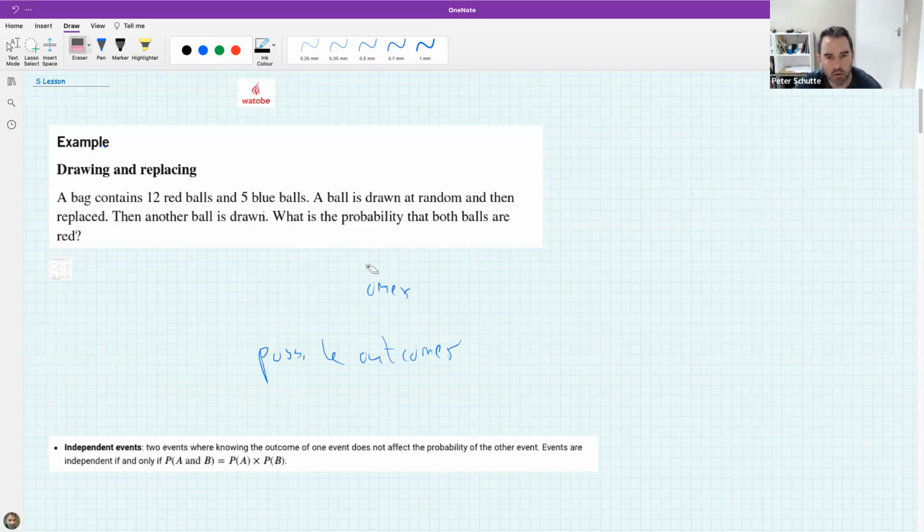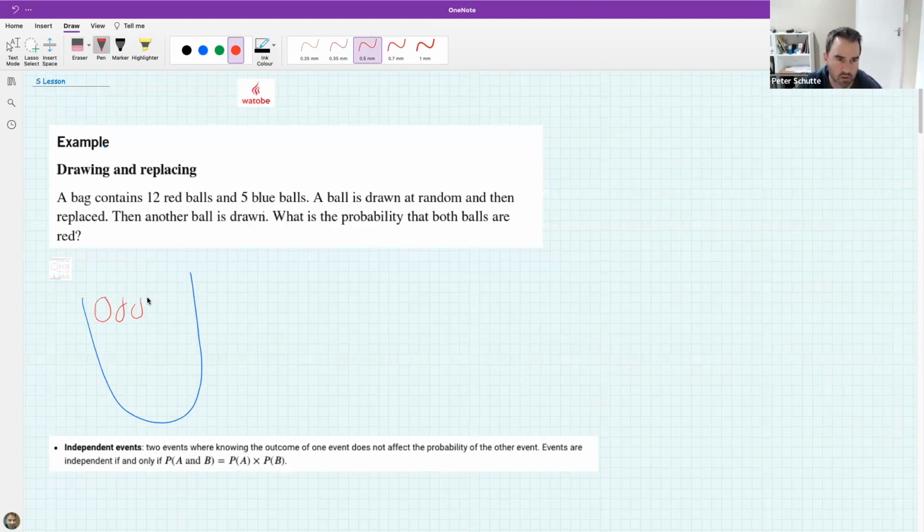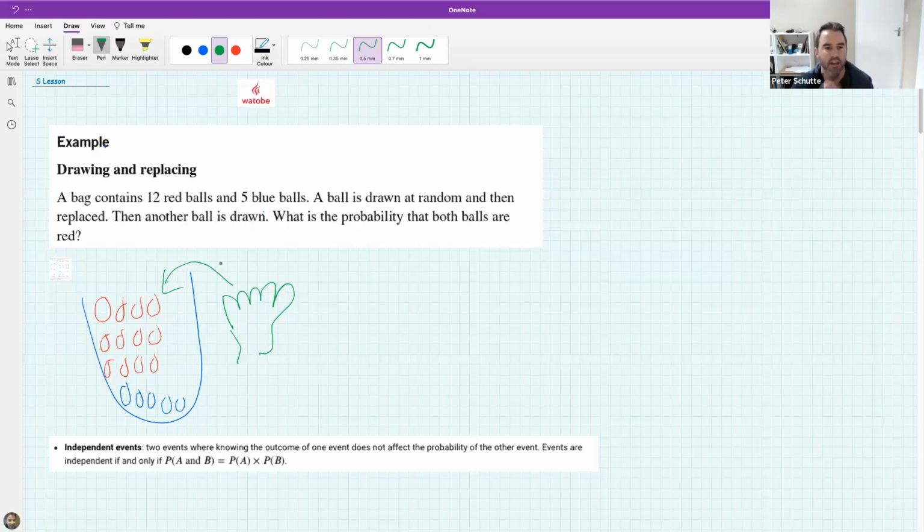Now, I want to know, if you're given a bag with 2 sets of balls, 12 red ones, 1, 2, 3, 4, 5, 6, 7, 8, up to 12, and 5 blue, 1, 2, 3, 4, 5, and they're all mixed up, and you pick one out, we don't know what color it is, you then put it back, and then you pick a second one.